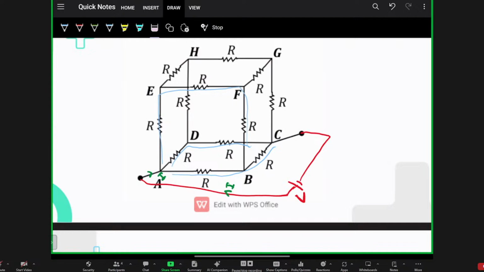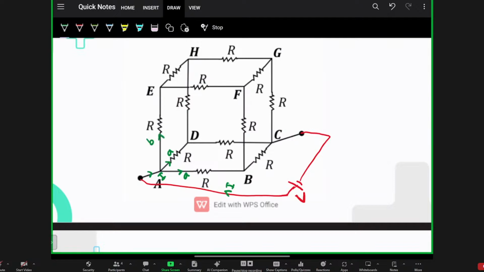So I can say the current in this branch, suppose I am taking A. In this branch also the current should be A, because of the symmetry. The current in this branch will be some constant B.